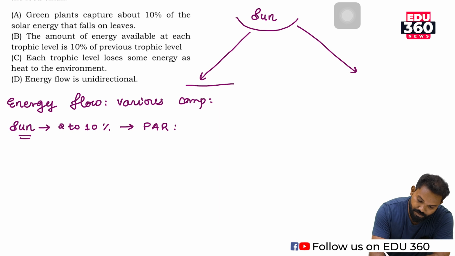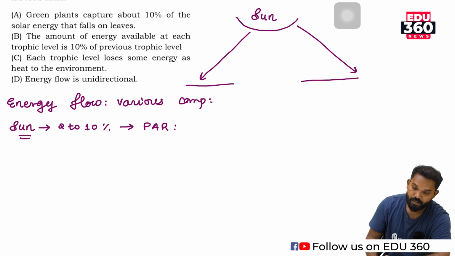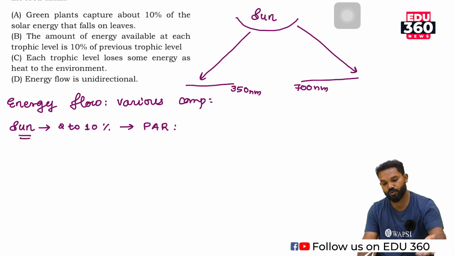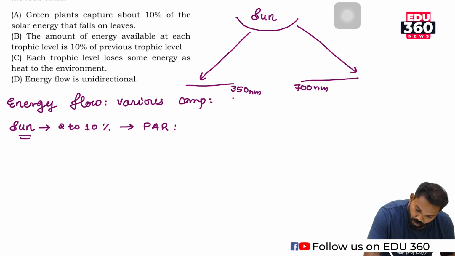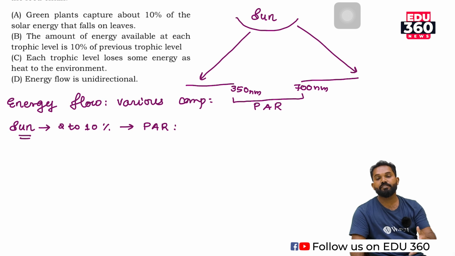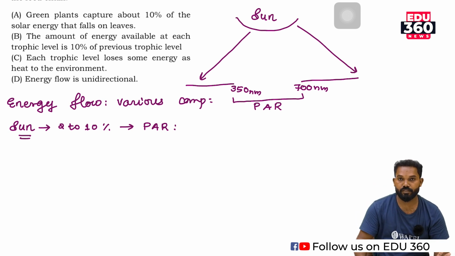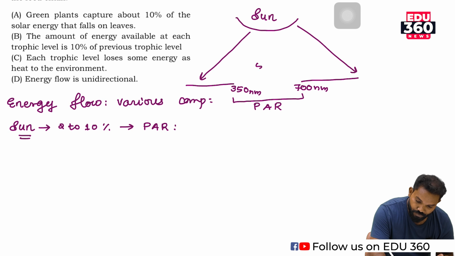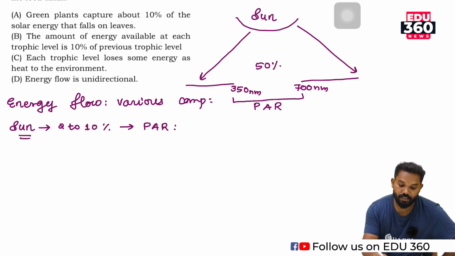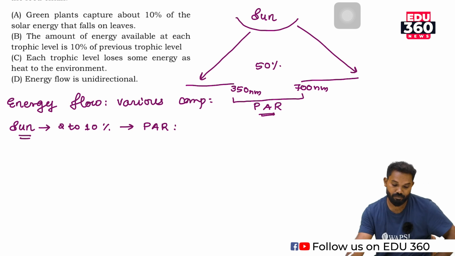Among this, light has different wavelengths. There is a definite wavelength between 350 nanometer to 700 nanometer, or 400 nanometer to 700 nanometer. This is known as photosynthetically active radiation or visible radiation, and it is half of the total energy. Almost 50%, or less than 50% of the total energy, is photosynthetically active radiation.